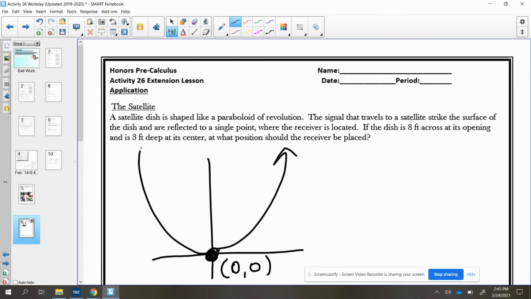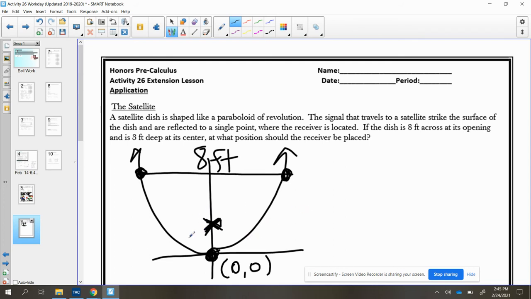So wherever this opening is between these 2 points is going to be 8 feet. Okay. And we're basically trying to figure out where the location of this focus would be inside here, because it's going to need to have that correct reflective piece of this.